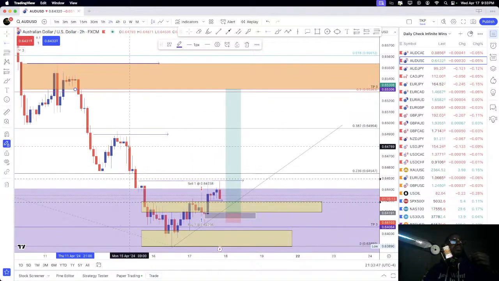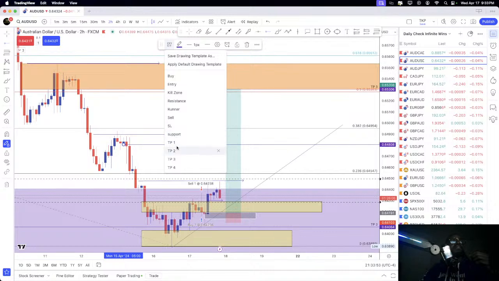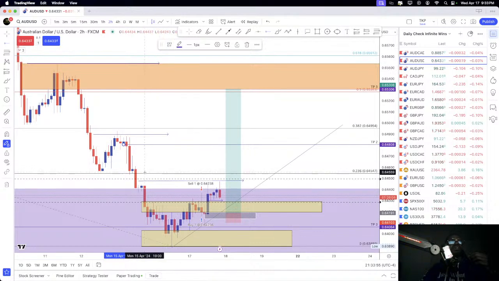TP2's right here. TP3. This area's been played already. I'm sorry, TP1. Let's put TP1 here and actually move TP2 up just a tad.